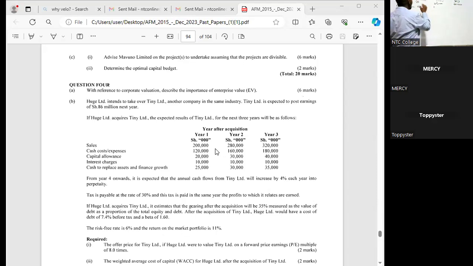It's 200. Then we have 180. The next one, we have capital allowances.